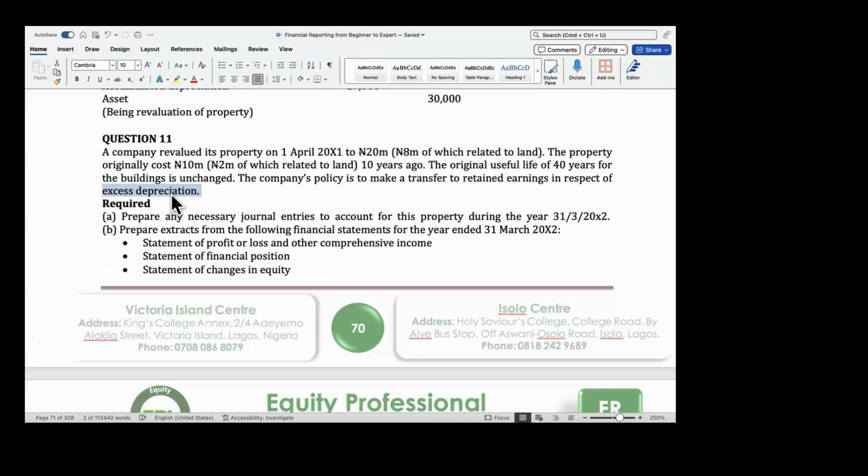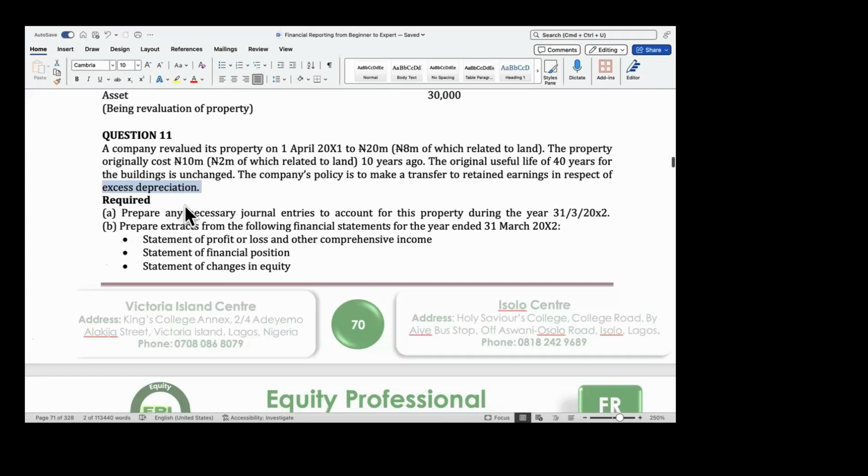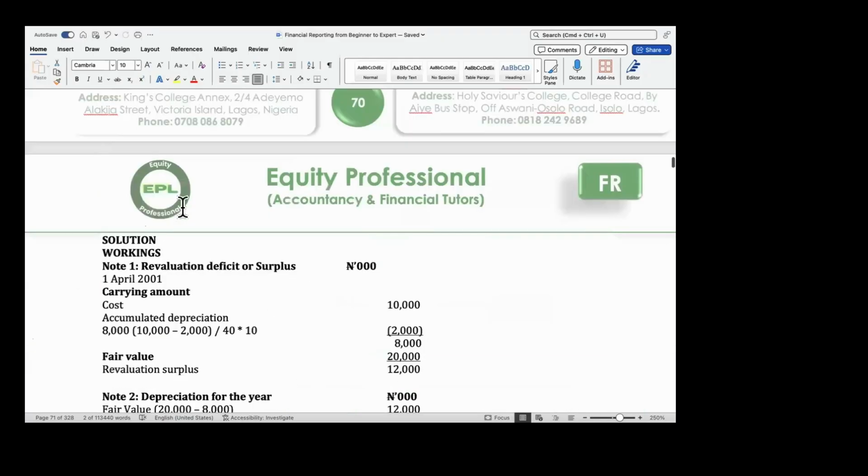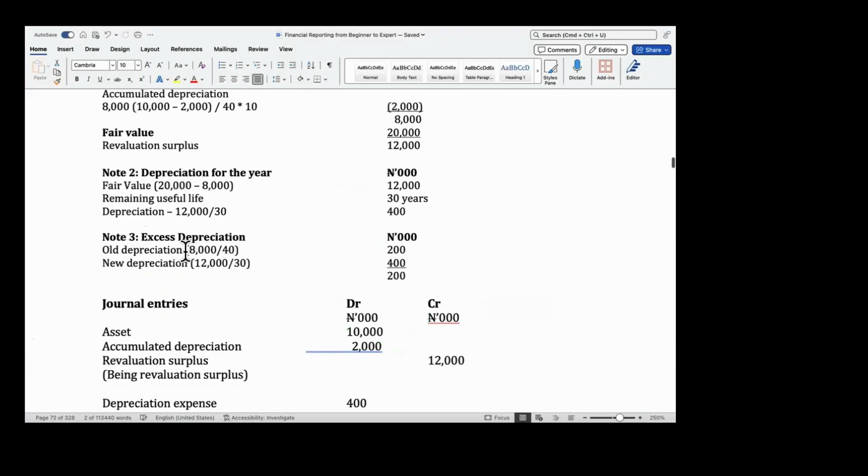So it's a principle you need to learn, right? From this particular question, the old depreciation was actually 8,000 divided by 40, which is 200. That was the annual depreciation. But when we revalued the asset, it was now 12,000 divided by 30, so 400 per annum. So there's an increase of 200 that we call excess depreciation.